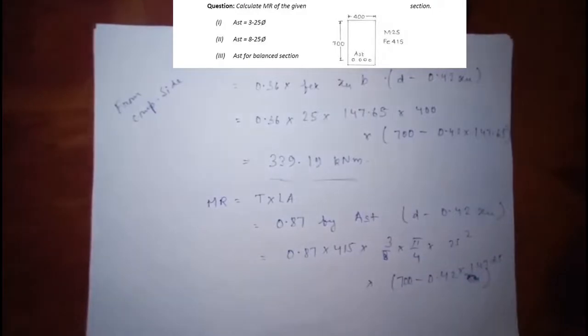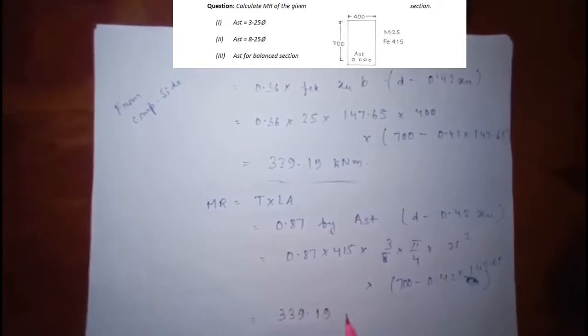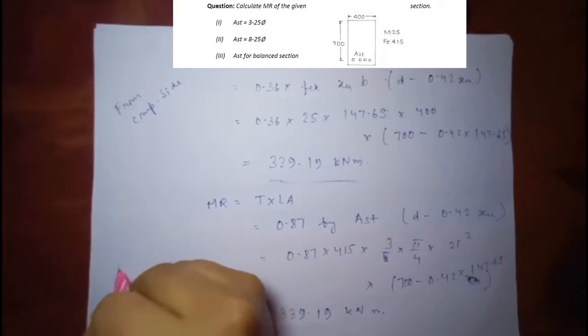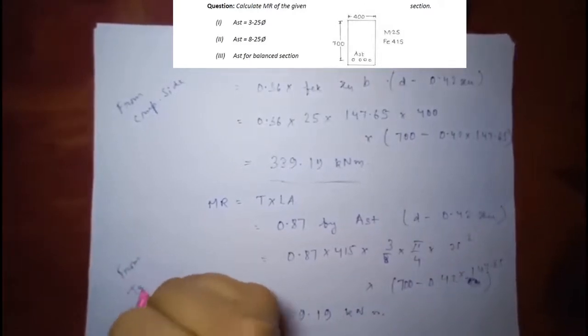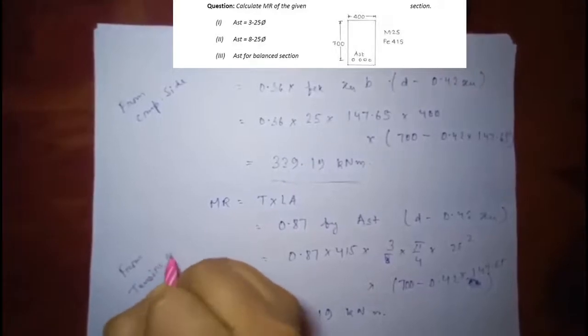So I'll get it also equal to 339.19 kilonewton meter. So I can say that this is the moment of resistance from both the compression side and the tension side.